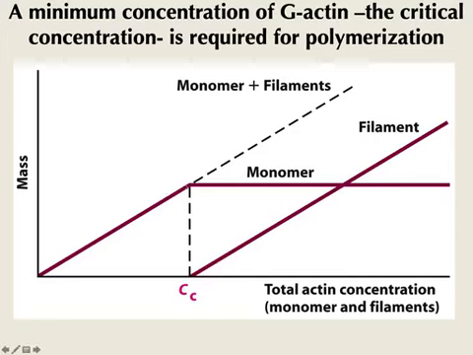But then above this critical concentration, you see very interestingly, the mass of monomers remains the same, and instead everything you add is being added to the filaments. So this critical concentration is key to decide whether new monomers are going to be added to existing filaments or not. Okay, so let's look at that.